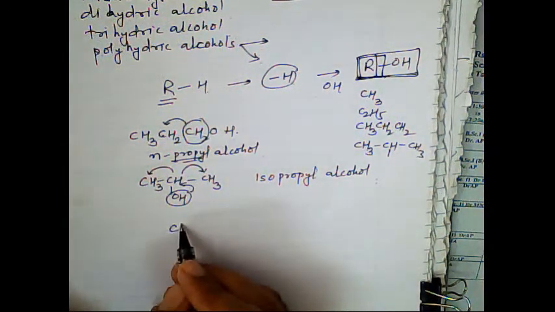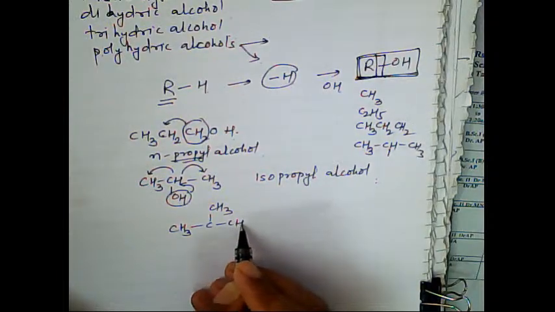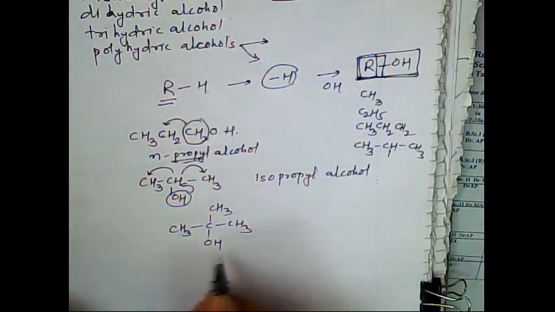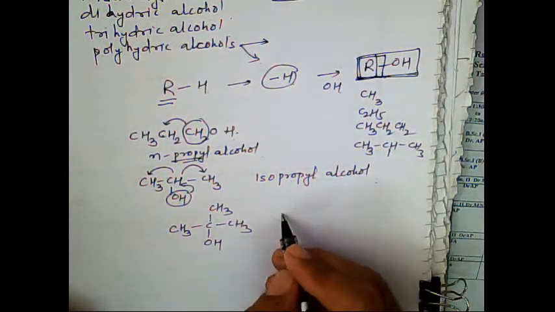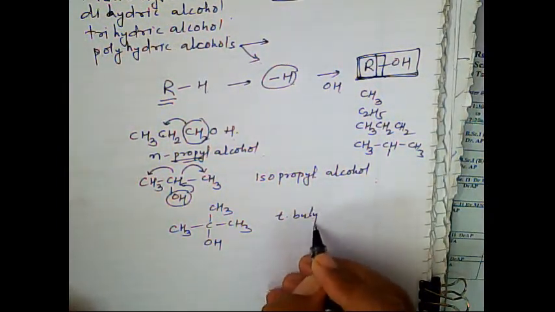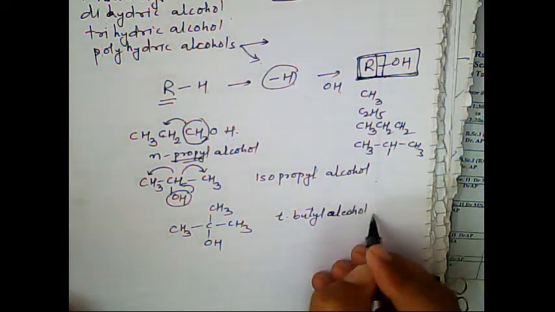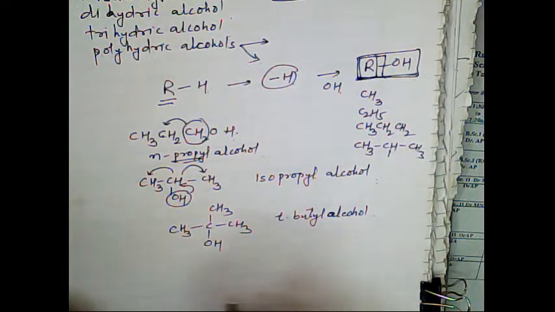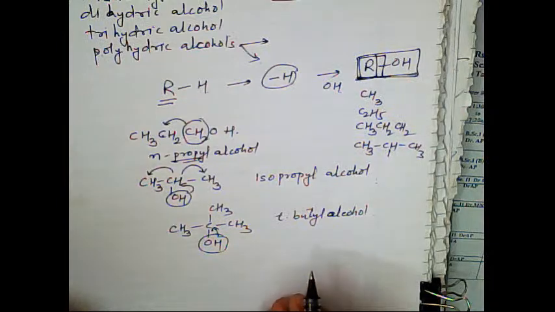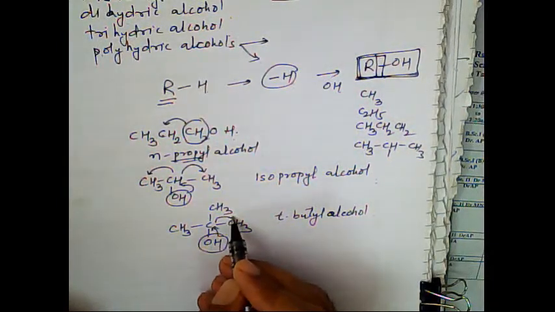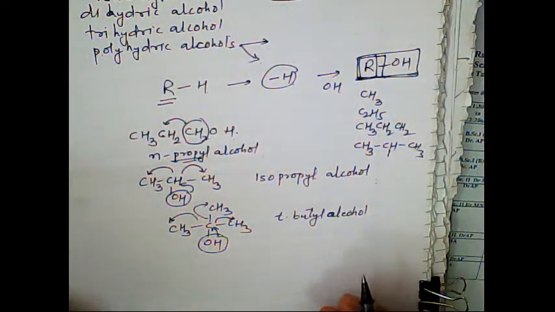See another example: CH3, single bond, C, single bond, CH3, single bond, CH3, single bond, OH. Tertiary butyl alcohol. Here the OH group is attached to a carbon where no hydrogen is present, and to that carbon, 1, 2, 3 carbons are attached.